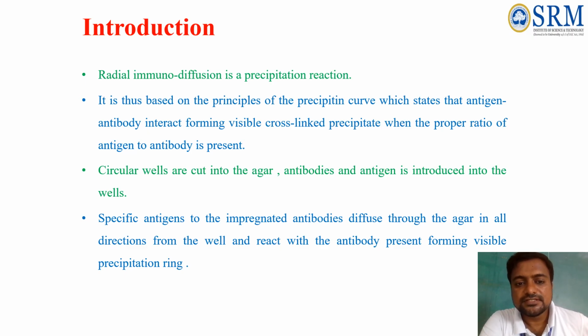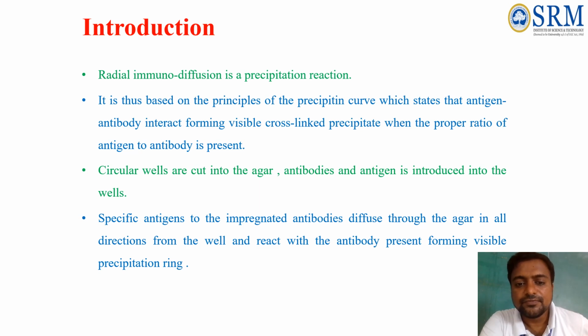The principle is such that the interaction taking place between the antigen and the antibody is by means of a precipitation reaction. When an antigen and an antibody interact, they form visible cross-linking and precipitate when the proper ratio of antigen to antibody is present.